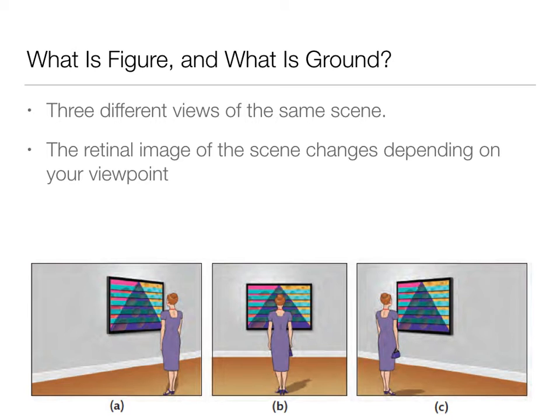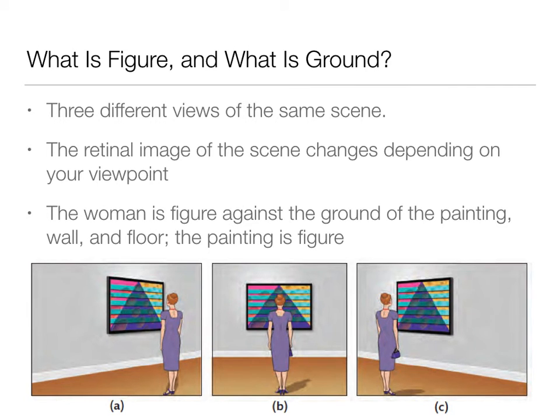If you're at viewpoint A, you see the woman against a little bit of the picture, but mostly the wall and the ground. If your viewpoint is B, the top part of her is against the painting. That border will be assigned to her versus the painting, the wall, and then the ground itself. And if you're at angle C, you're going to see different borders against different backgrounds.